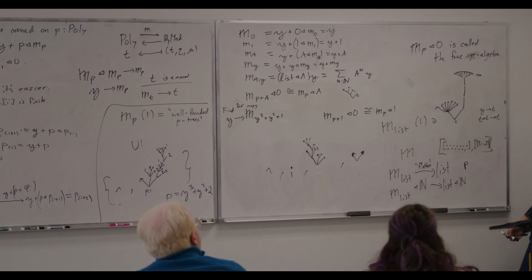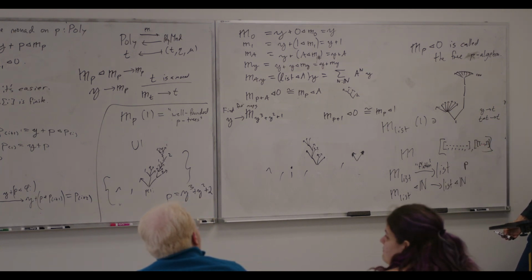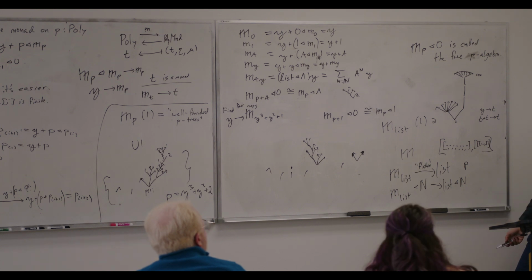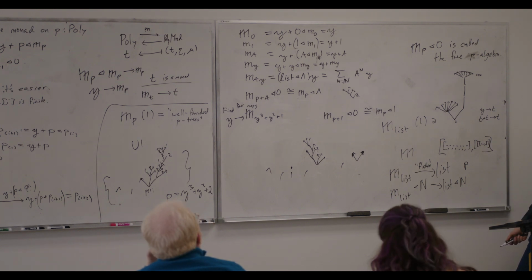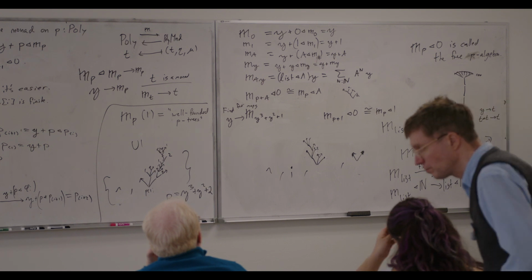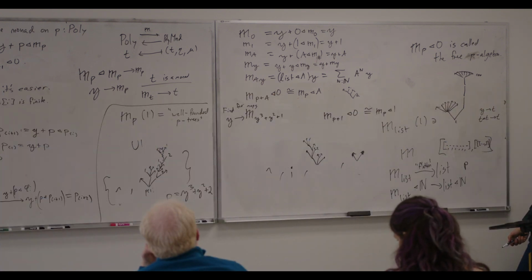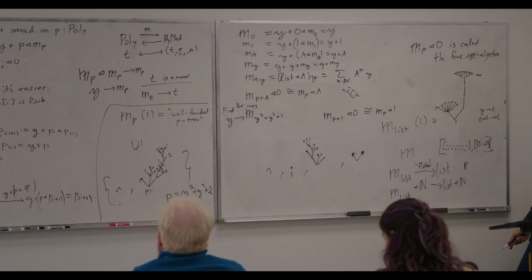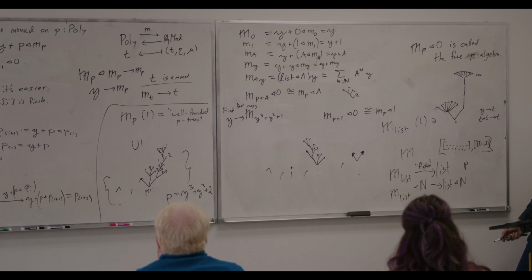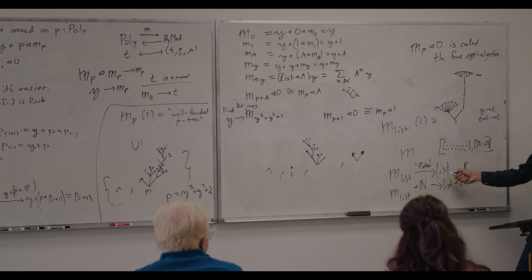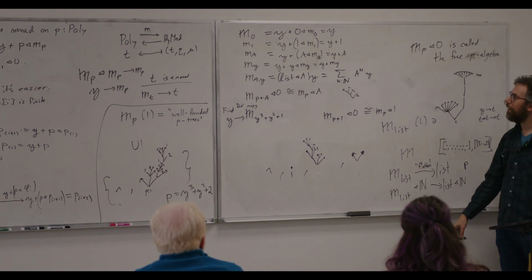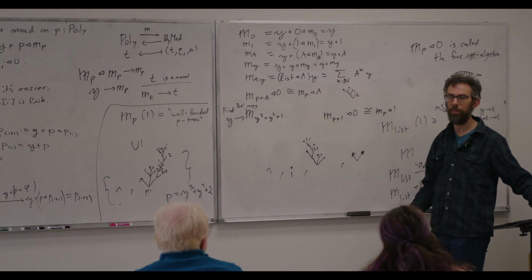So what list arises as a free? List is a free monoid. But there's no polynomial P such that list is M sub P. List is the free monoid, but it is not M sub something.